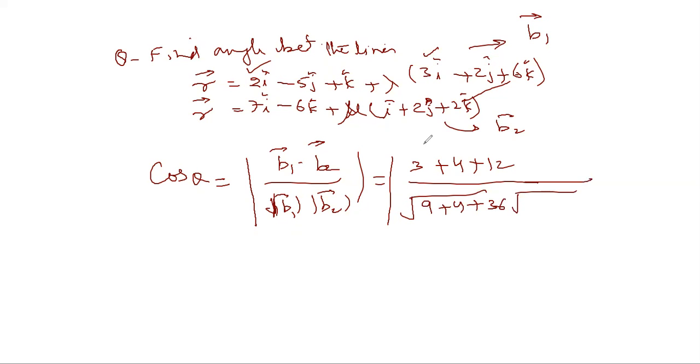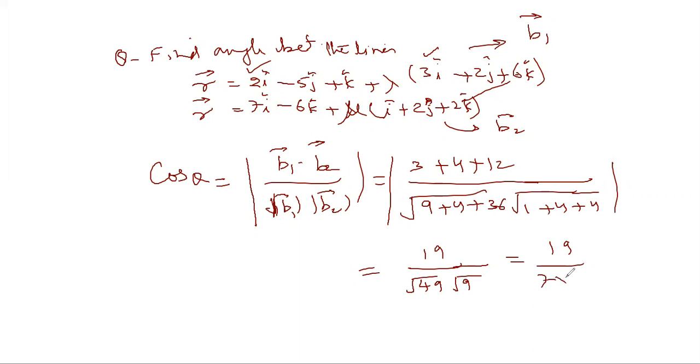Similarly, the magnitude of B2 is the square root of 1 square plus 2 square 4 plus 2 square 4. So we get 19 upon root 49 into root 9, that is 19 upon 7 into 3, which is 21.